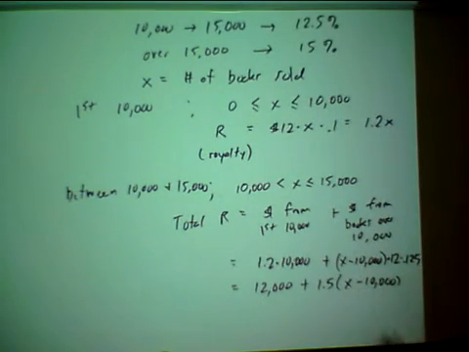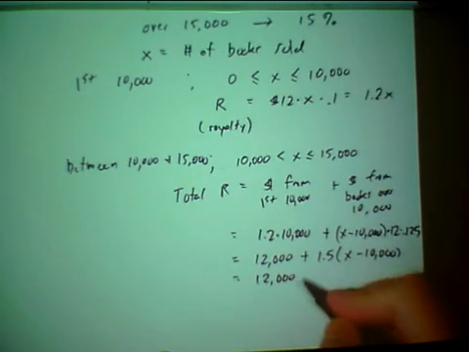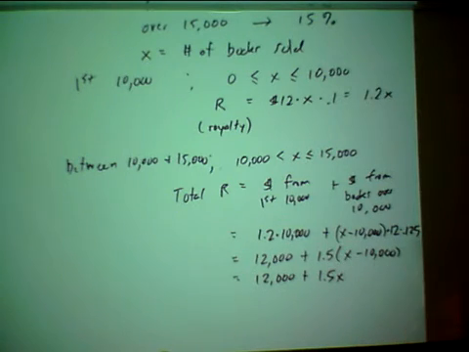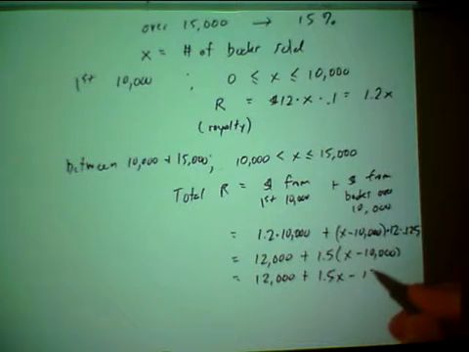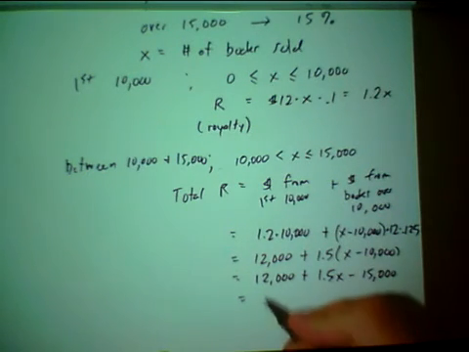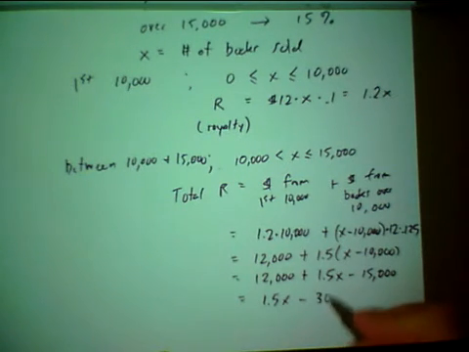And I'm going to multiply out this parenthesis. So I have 1.5x, the distributive property, 1.5 times negative 10,000 should be negative 15,000. And now I can combine these two like terms, and I'll end up with 1.5x minus 3,000.